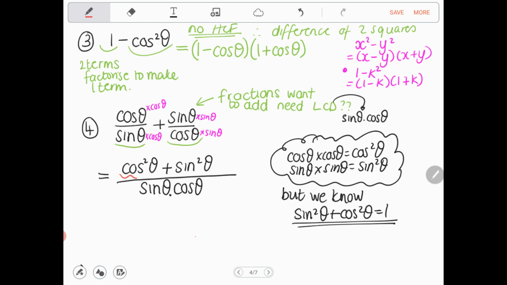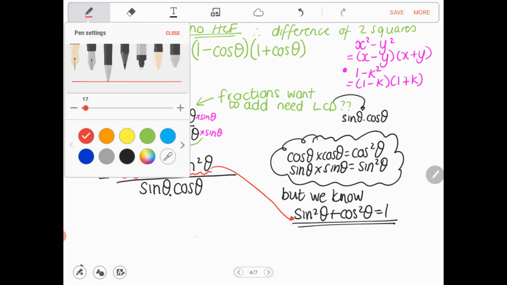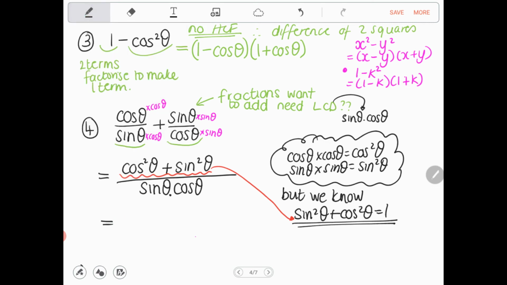So this thing at the top here is equal to 1. So this is going to give me 1 over sine theta cos theta.